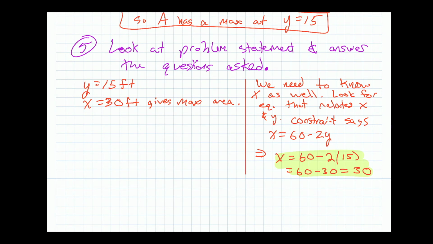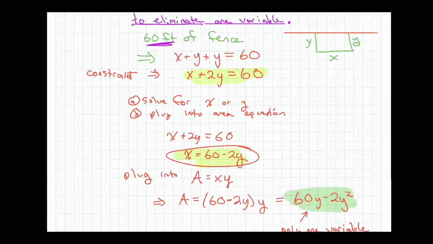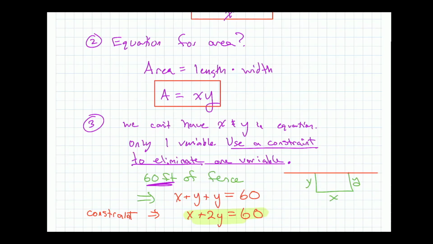Now the other thing that they asked was, what is the max area? So last thing, what is max area? Well, you have an equation for that, right? What's the area? Area is just x times y.